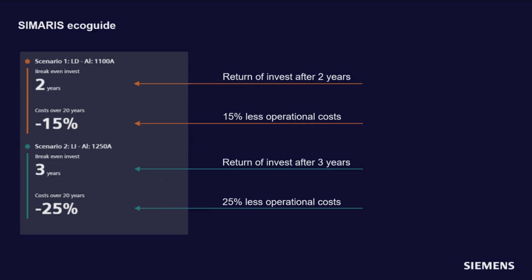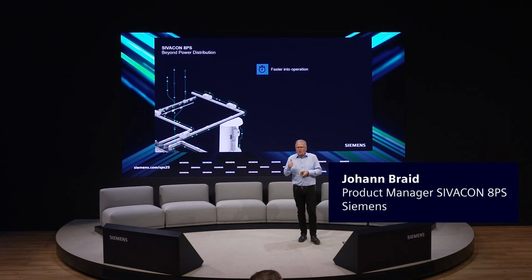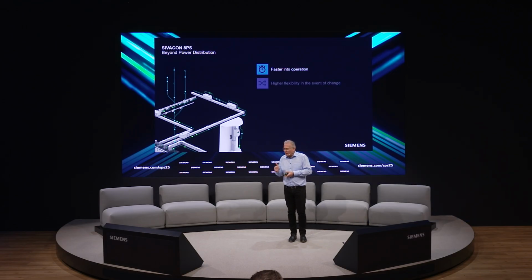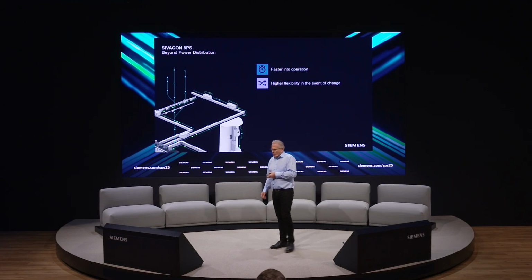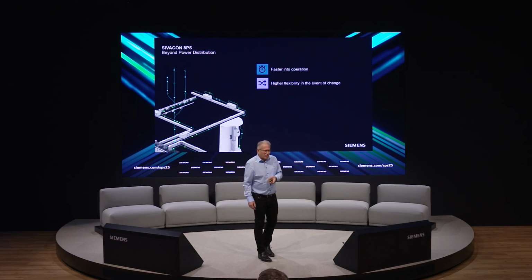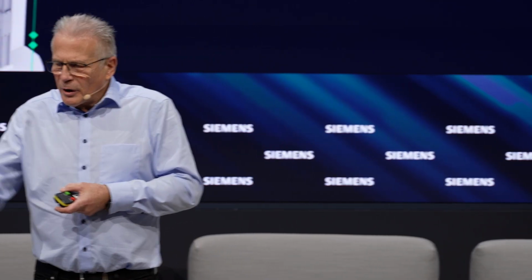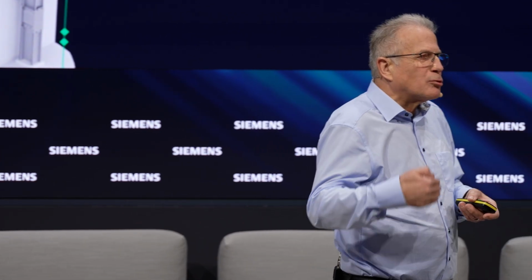So, what do you get if you're deciding to use a busbar trunking system? You are faster in operation because of the much easier installation. Then you have a higher efficiency and flexibility because of the type of boxes. Then you have higher reliability because more transparency. So you can react very early if something happens. And this causes a much higher productivity, which is also, I think, a very, very big advantage.